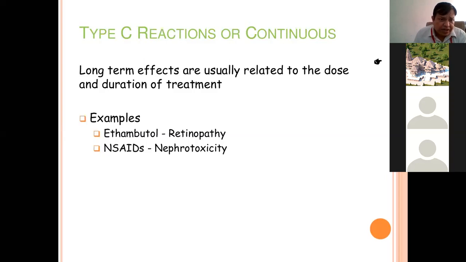Here example is given ethambutol. Ethambutol is a well-known anti-tubercular drug that is first line agent, and it cause retinopathy. Retinopathy means permanent damage in vision. And NSAID, these are the non-steroidal anti-inflammatory drugs. If we are taking for long time, it cause nephrotoxicity or renal failure.